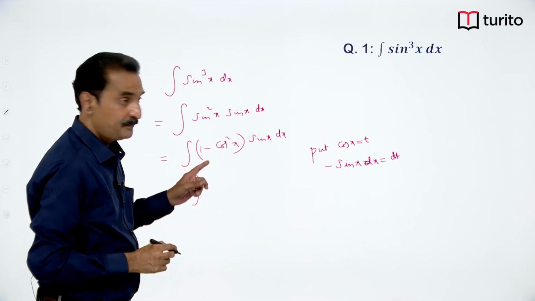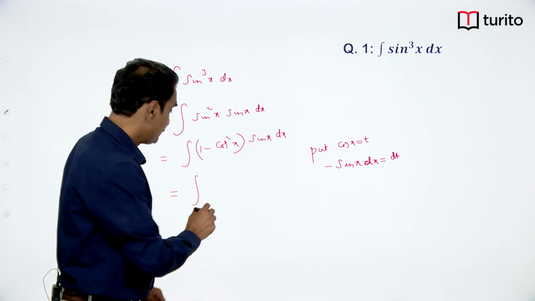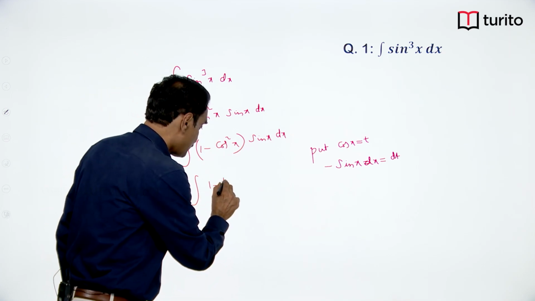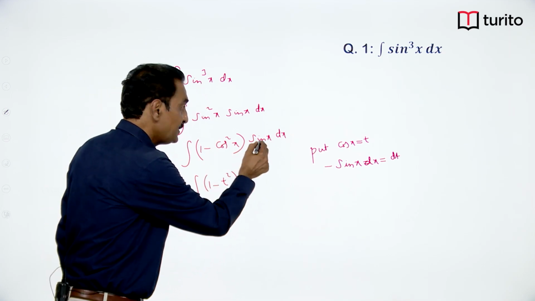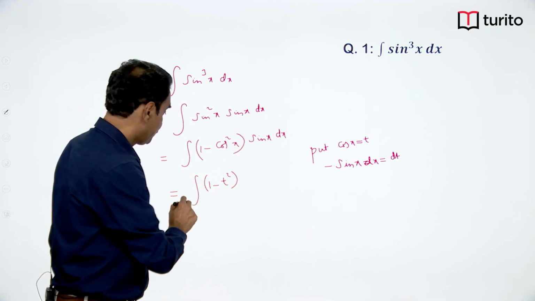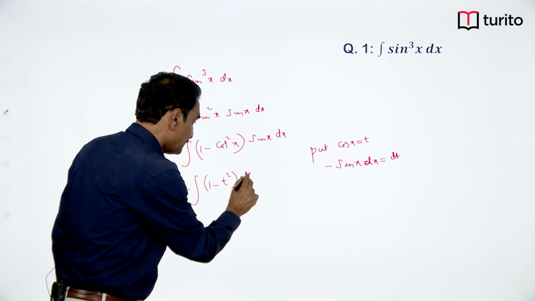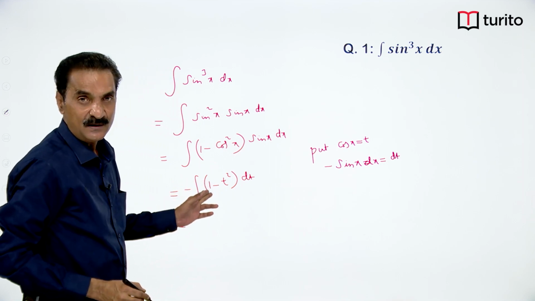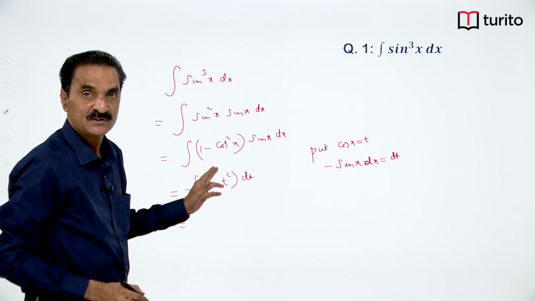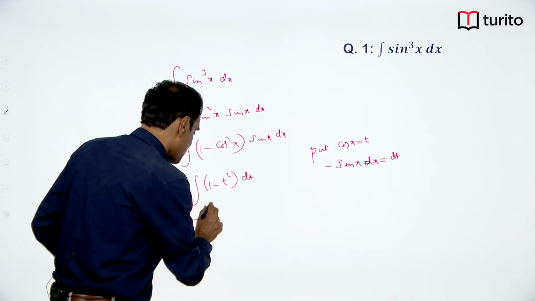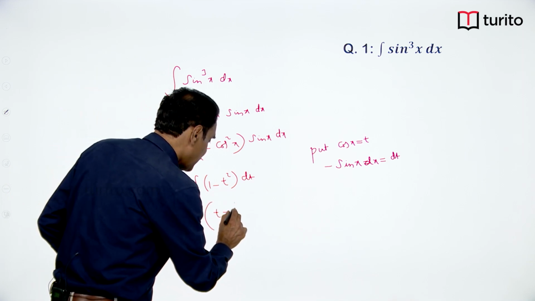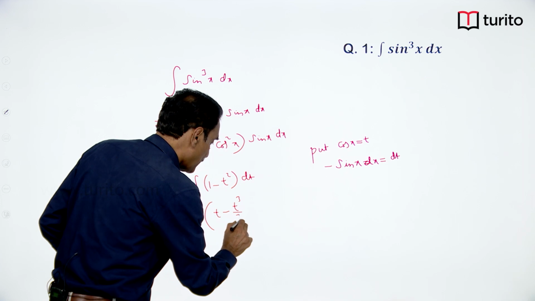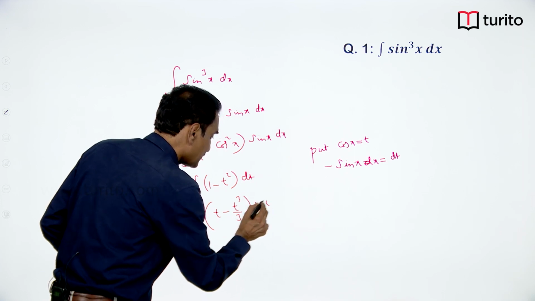We get the integral of 1 minus t square into minus dt. Then the integral of 1 is t, the integral of t square is t cube by 3. So we get minus of t minus t cube by 3 plus c.